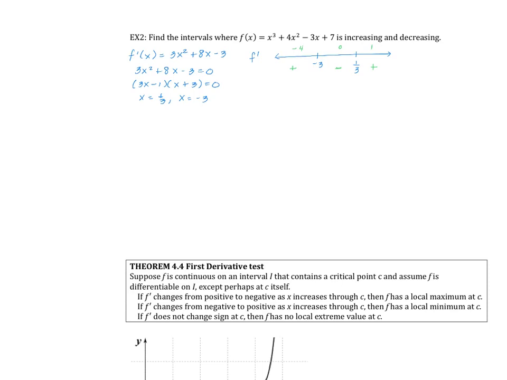So what that tells me is that the function's going up and then down and then up. So it's going to be increasing from -infinity to -3.